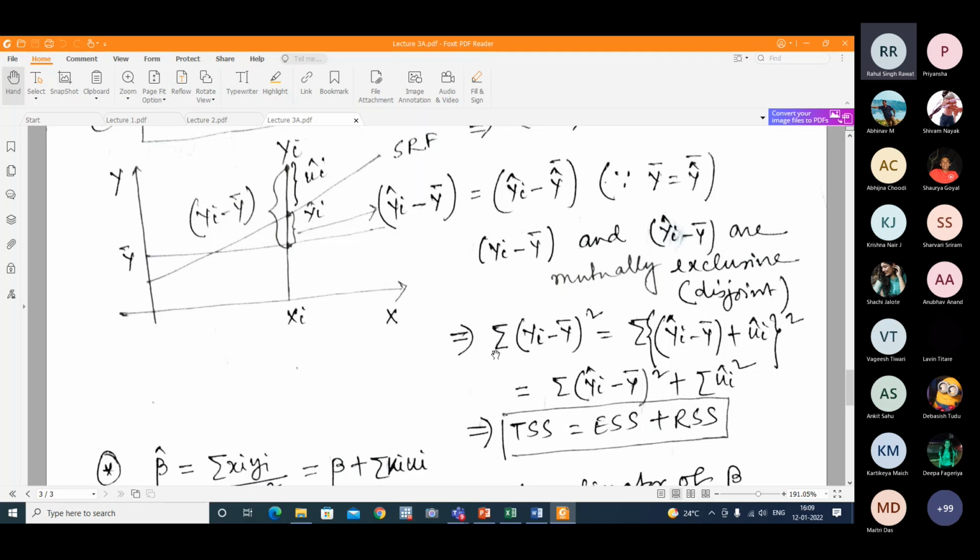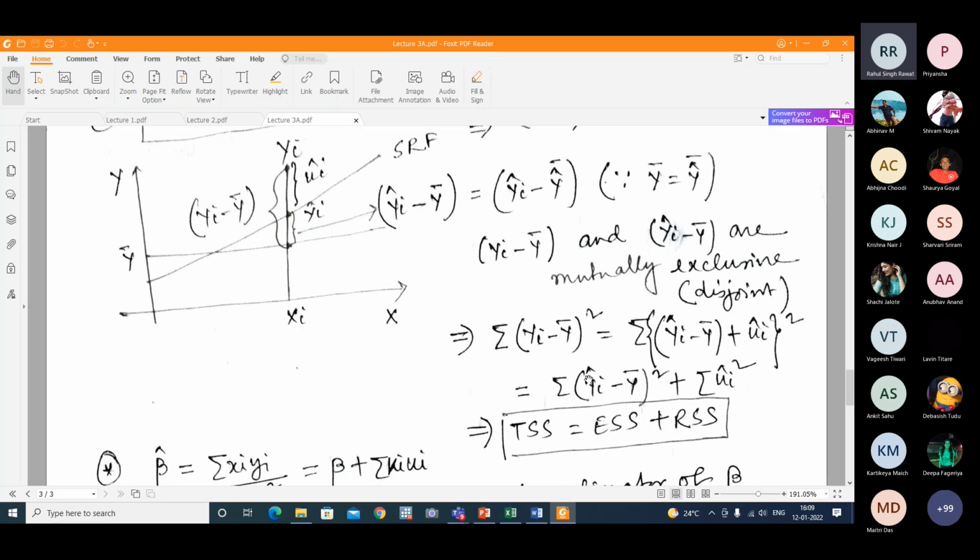Summation of Yi minus Y bar whole square is equal to summation of Y hat i minus Y bar plus u hat i whole square, and this can be rewritten as, this is nothing but what? (a plus b) whole square.